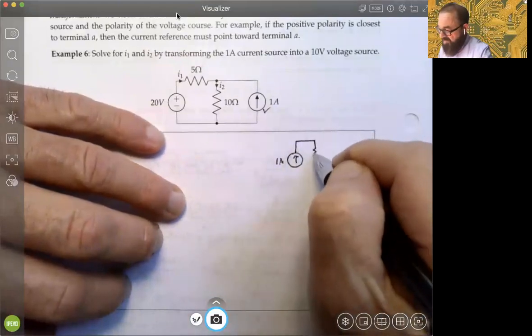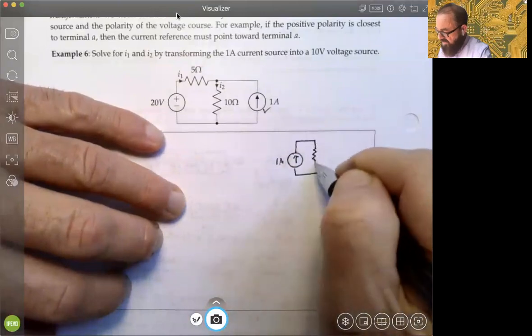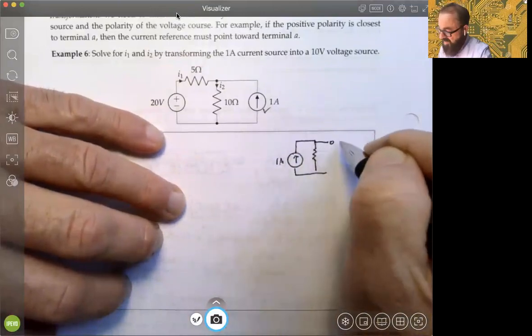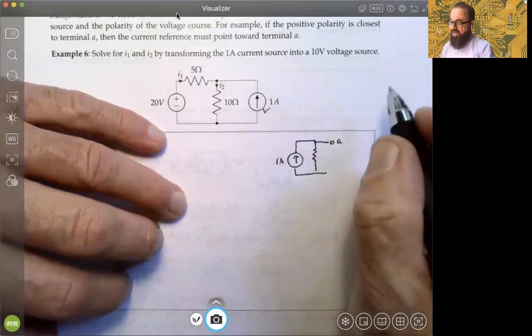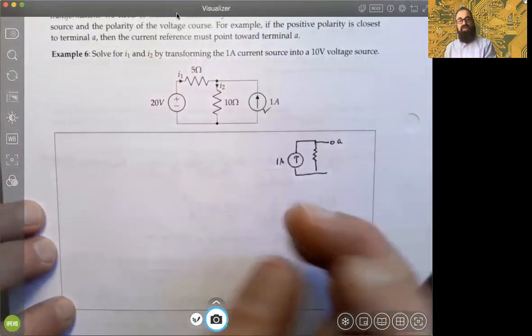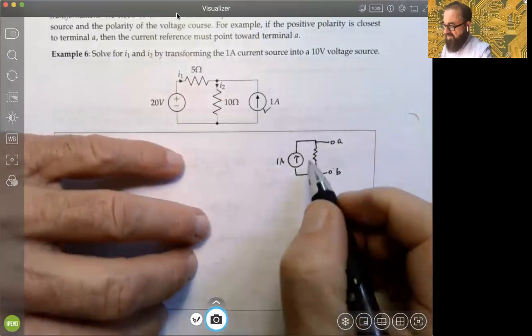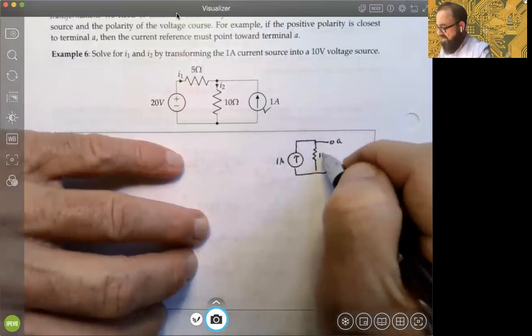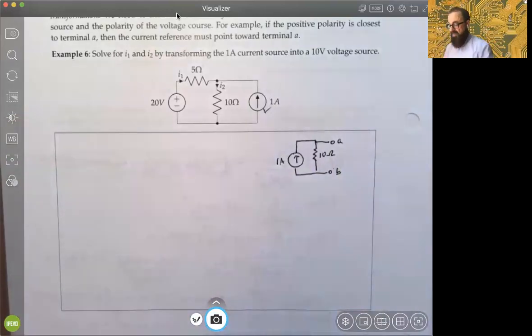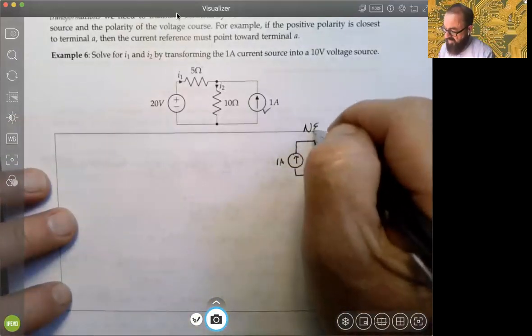Now it needed to be in parallel, absolutely, okay? So we'll call the top terminal A. I'm just flipping it over here. So I have the 2 open terminals and I have the 10 ohm resistance here, okay? All right, so this is our Norton equivalent, I'm abbreviating.